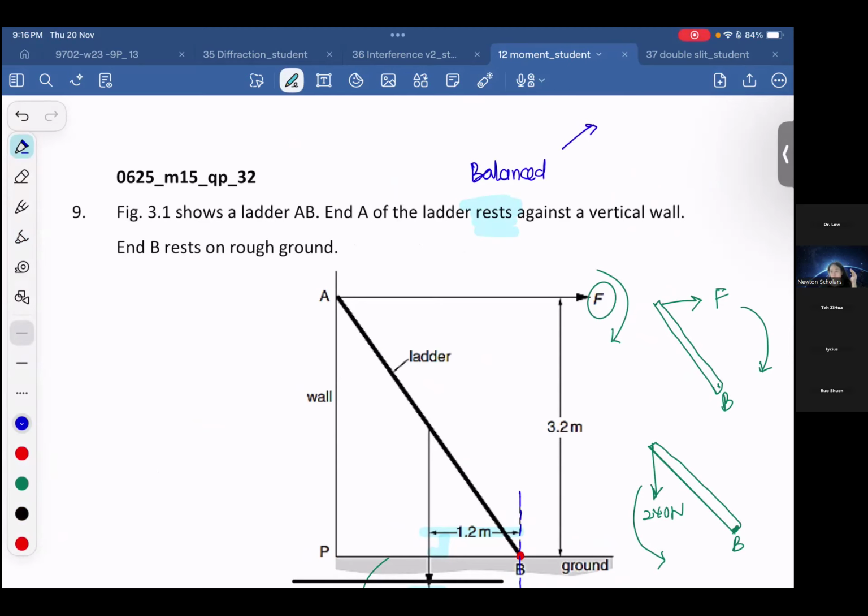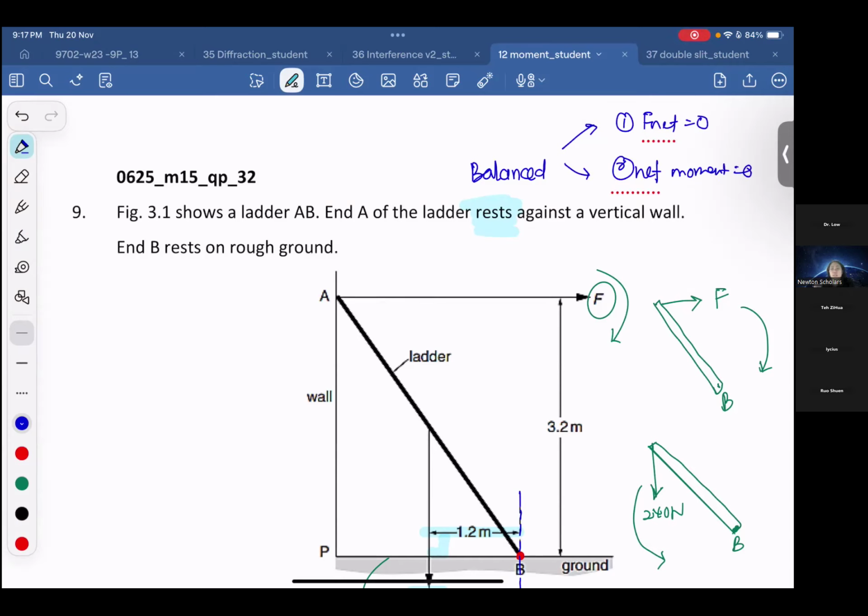So we have two things. One is net force is 0. Second is net moment is 0. Then why do I need an upward force? It's because it needs an upward force to make it 0. What 0? If you say it needs an upward force to make the resultant force become 0, okay.